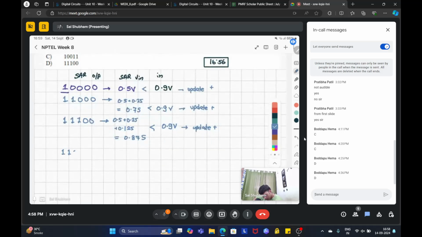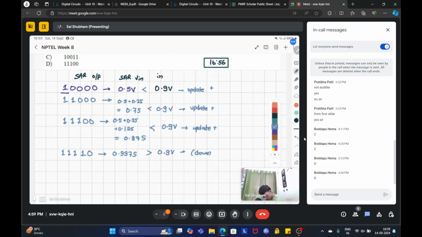So we have 11110, and this is 0.9375, which is greater than 0.9 volt. So it says minus 1.